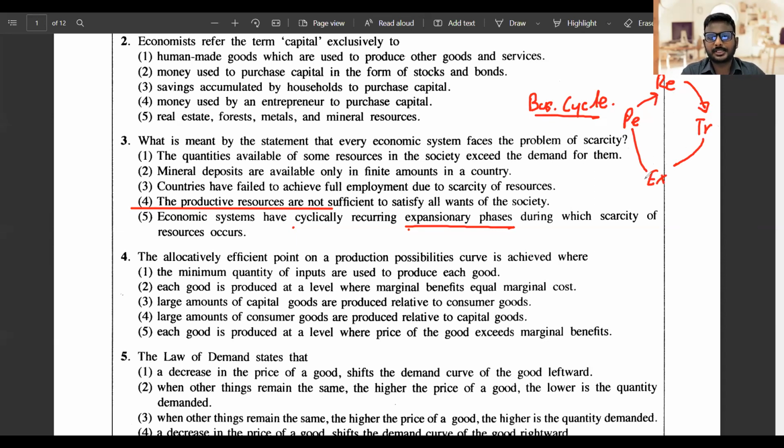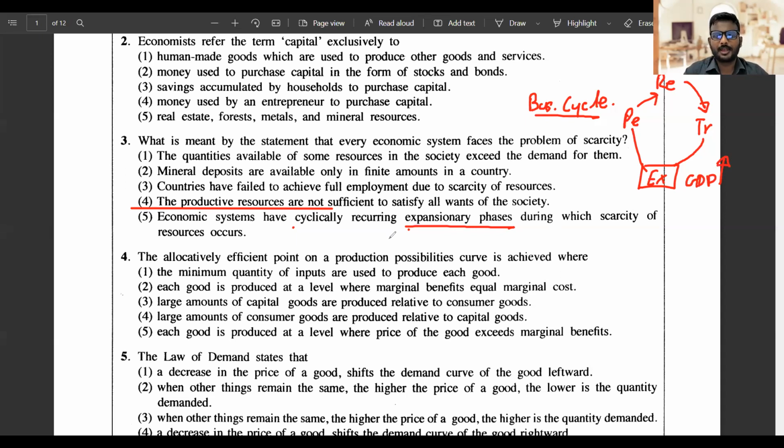And in this business cycle, this expansionary phase will repeatedly happen. Every time this cycle keeps on happening again and again, this expansionary phase will come again and again. And the expansionary phase is where the real GDP starts to increase. That's what expansion means.